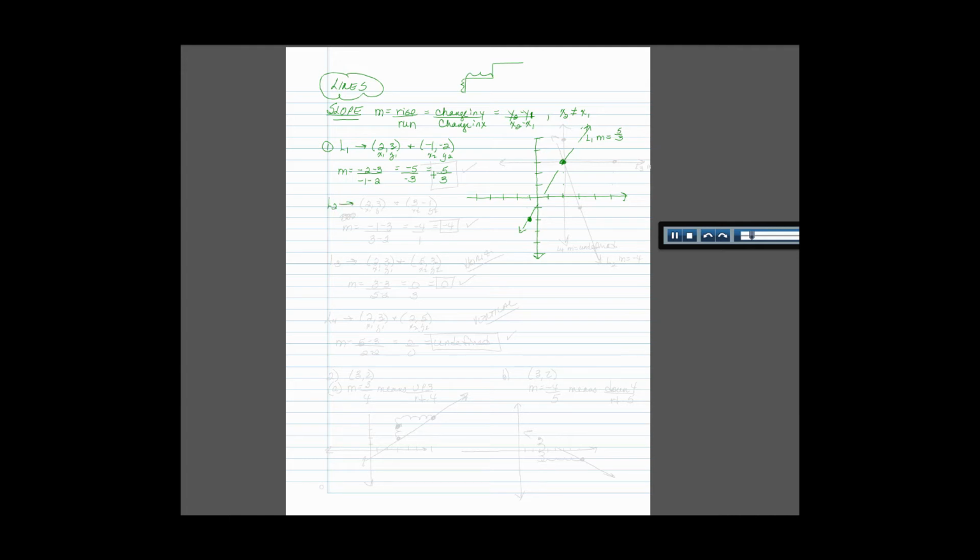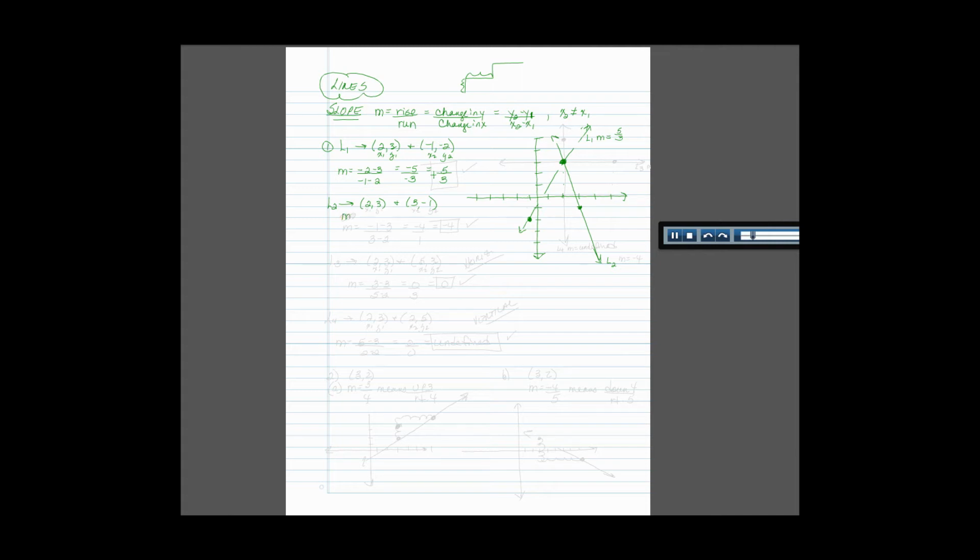Line 2 is the same point, (2, 3), and its other point is (3, -1). So that line goes something like that. That is our line 2. Notice it's going down, so our slope should be negative.